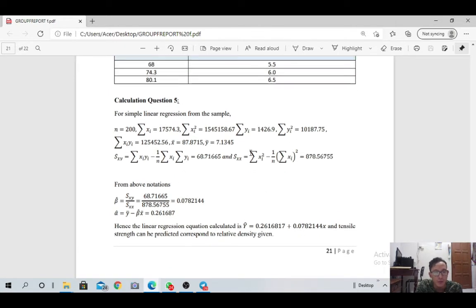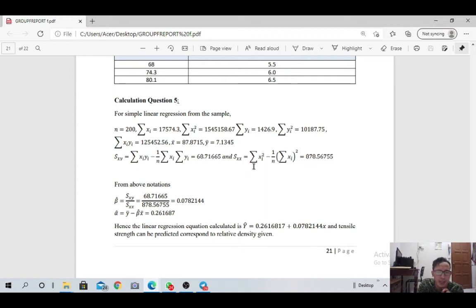So to find the value alpha and beta, first we have to find the value for beta, which the formula is SXY over SXX. So how to find SXY is summation xi times yi minus 1 over n multiplied with summation xi times summation of yi, which we will get 68.71665.